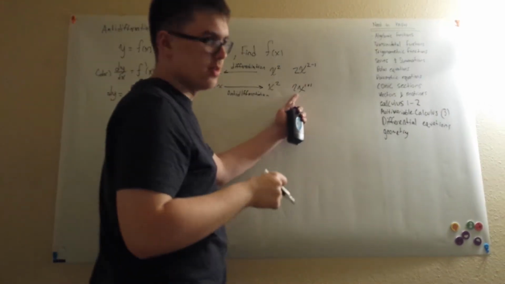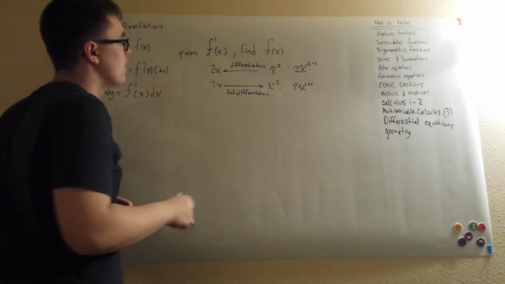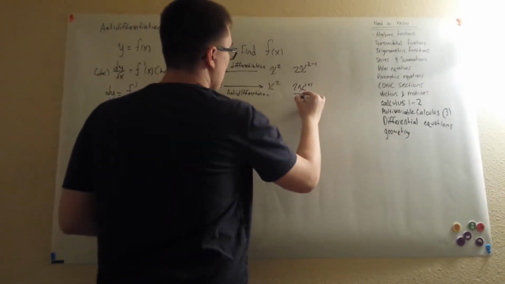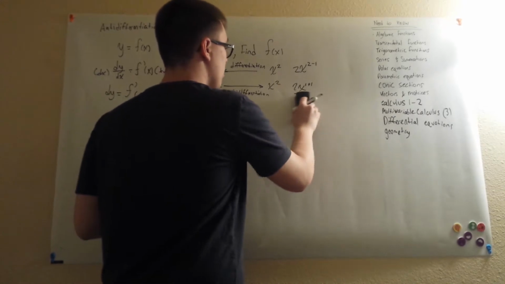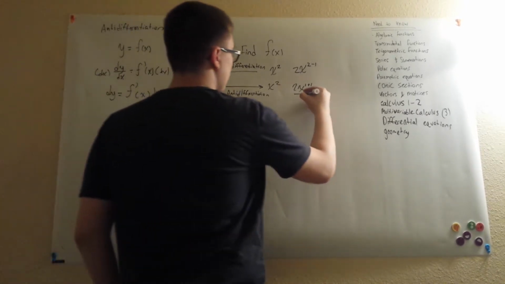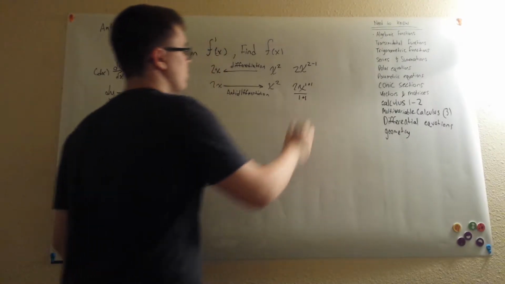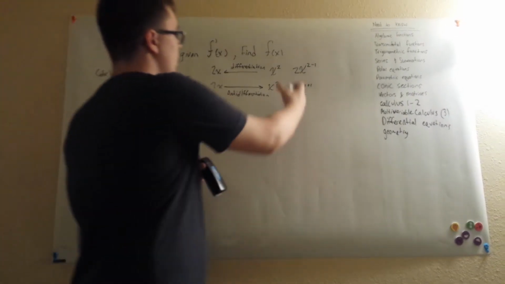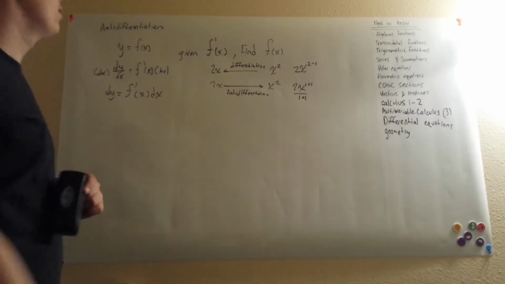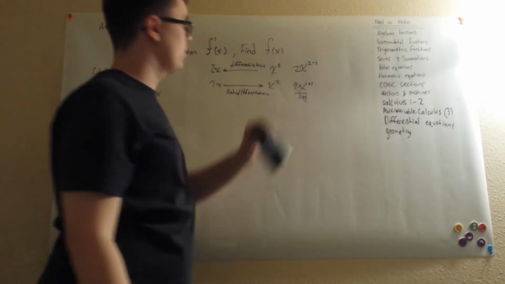How would I get rid of this 2 that came from here? I would have to divide by 2, or divide by my old exponent plus 1. Same thing. And I would cancel those 2, and we would get x squared.